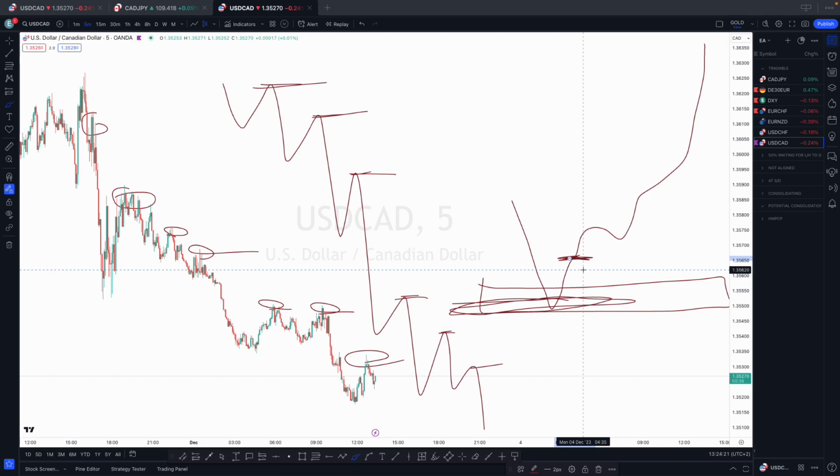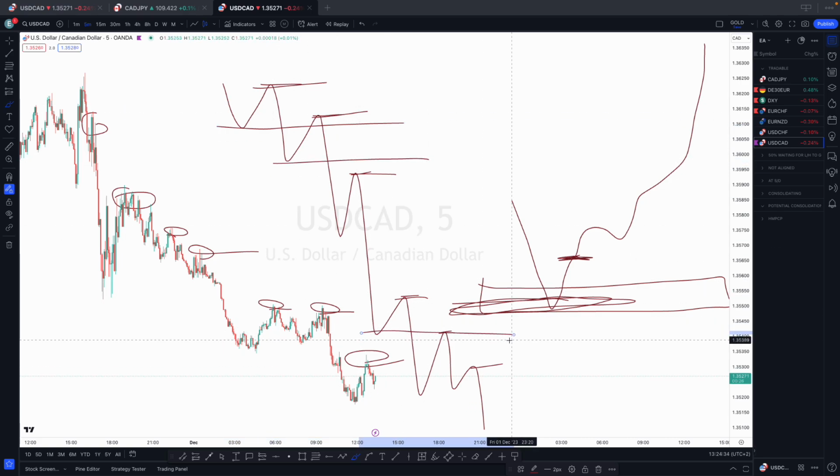You know your market structure, you know your Elliott waves, you know there's a lot of ways. Support and resistance, which is a break and retest, break and retest, break and retest. You can use different ways, but as long as you get it right, you will make money. The day you get it wrong, you will lose money.